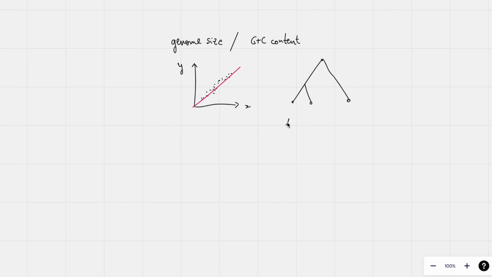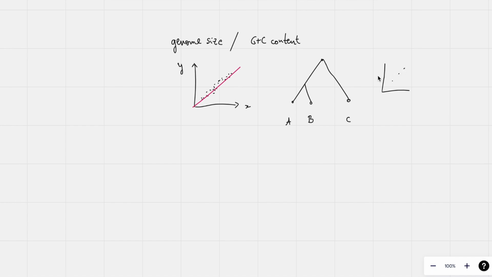We would have species A, B, and C, and we would measure the GC content and the genome size of species A, species B, and species C. What we would see maybe is that the 3 points are kind of well aligned, and we would hope that this would mean that the GC content is indeed positively correlated, for instance, with the genome size.